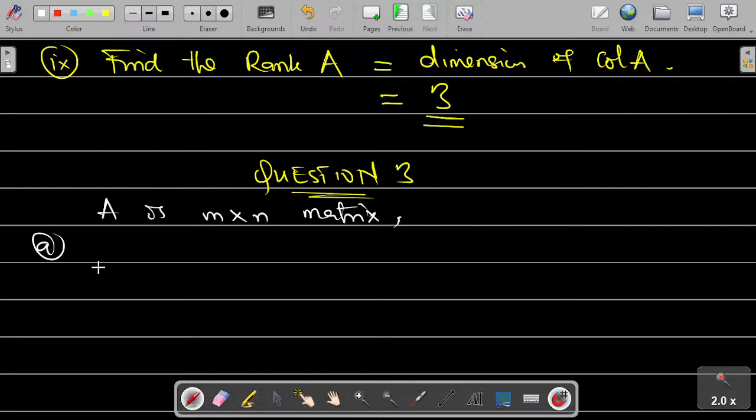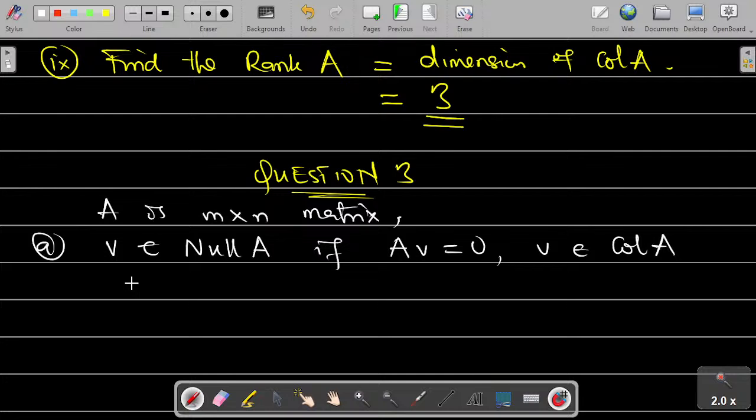So they are saying that a vector V will be in the null space of A if AV is equal to 0. This one is given. Then they are now asking what will make V be in the column space. That's exactly what that question is saying.